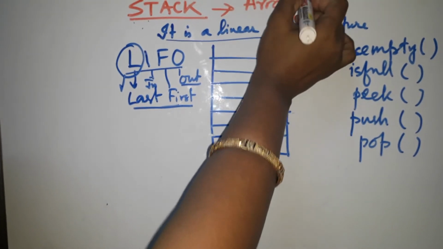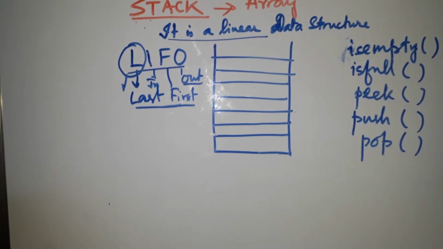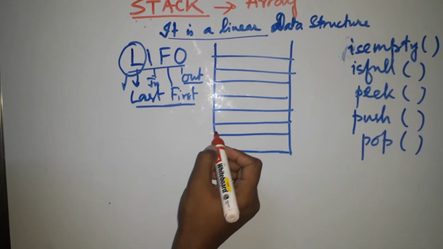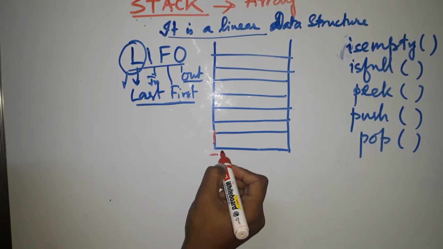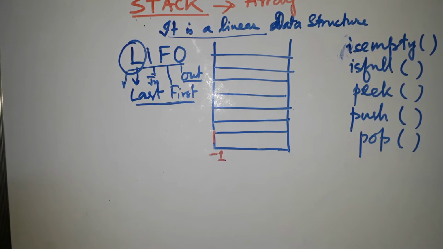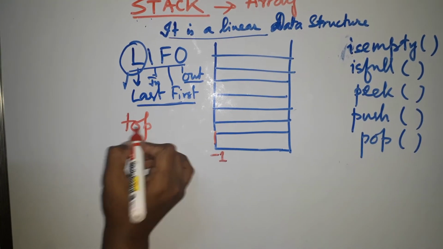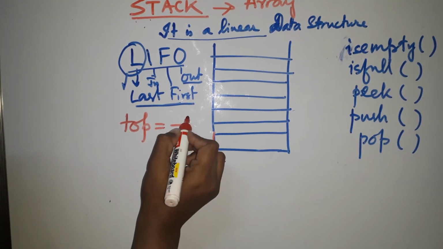We all know the array has a specific size limitation. It is static. Now suppose one variable is there, initialized to minus 1. I am giving this variable the name top. This top is right now -1.